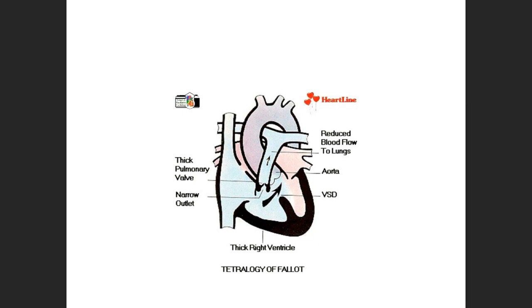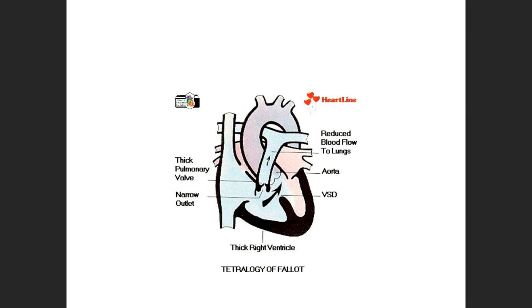You will notice that there is narrowing at the level of the pulmonary valve, and there's thickening of the muscle just below the pulmonary valve, and that's a right ventricular outflow tract obstruction, which may also extend to narrowing of the main pulmonary artery and its branches.